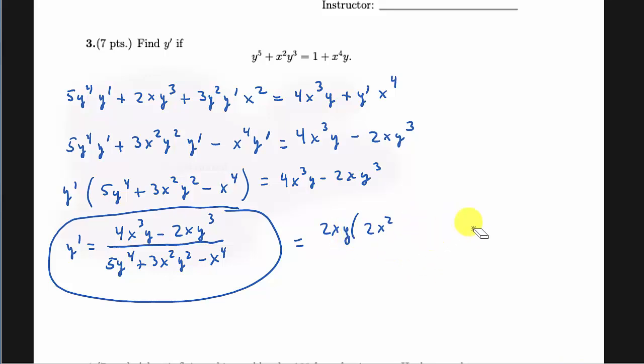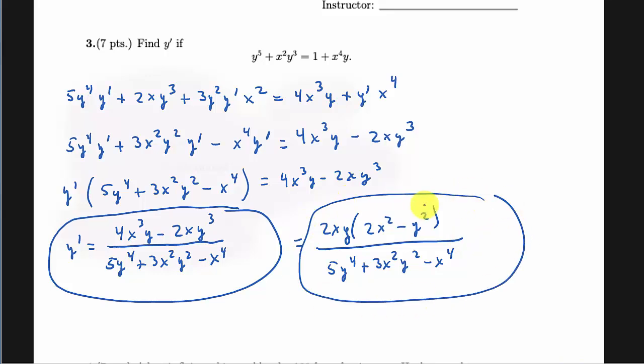And that would leave you with 2x squared minus y squared over 5y to the fourth plus 3x squared y squared minus x to the fourth.